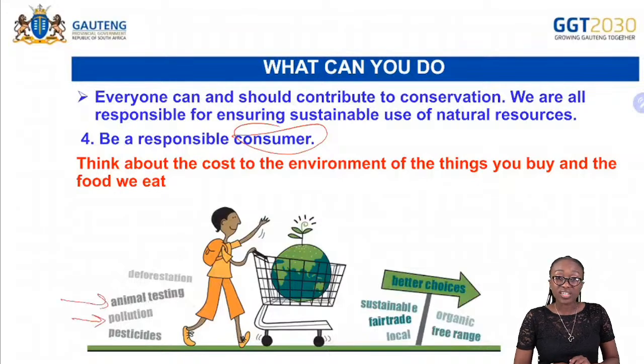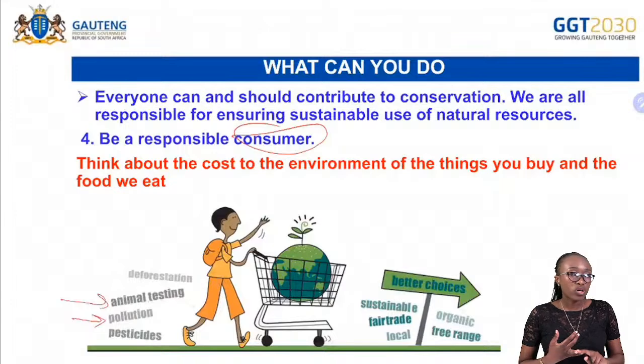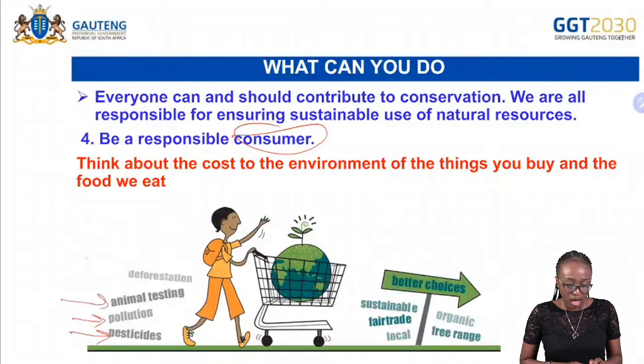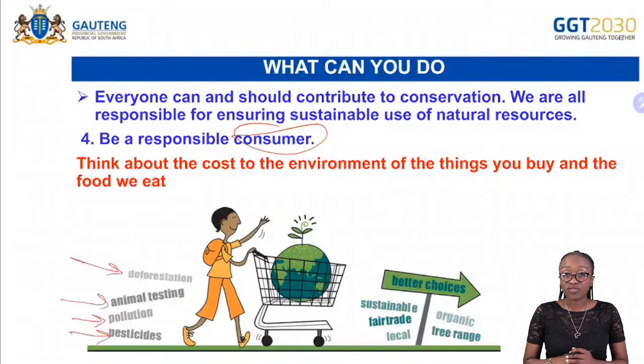Some of the production involves pollution of the air, the water, and the soil, and the use of pesticides. The next time you want to buy pesticide, think twice, because it is damaging the environment, as well as deforestation. Go paperless so that the number of trees that are cut down each and every year is reduced.